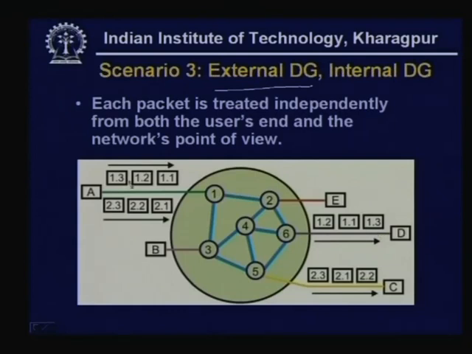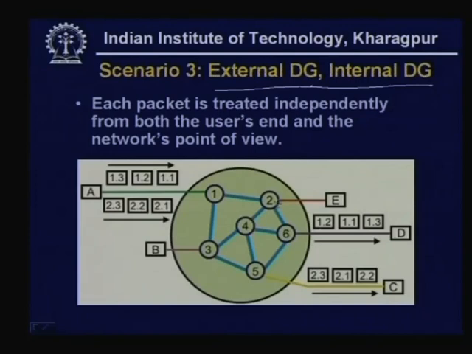Although 1.3 was sent at the end, it has reached the destination earlier than 1.1 and 1.2. Similarly, 2.2 here has reached earlier than 2.1, although 2.1 was given to node 1 earlier than 2.2. So, you see here in both the cases the packets have reached out of order, which is possible in case of external datagram and internal datagram.